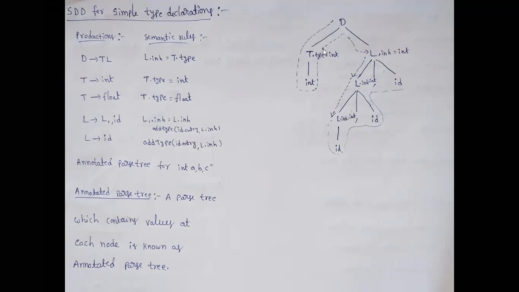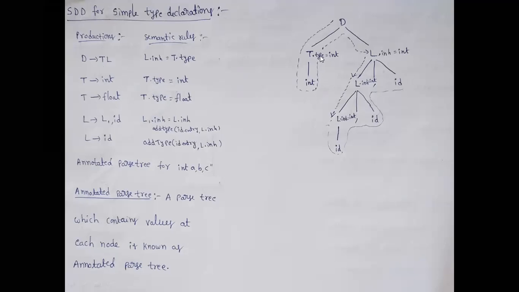Then here D produces, so in this one we are moving top to down, and we are moving to this one here, int. So integer, so we are having the production T produces int, then there is a reduction here, then we are converting this one with the semantic action T dot type is equals to int.